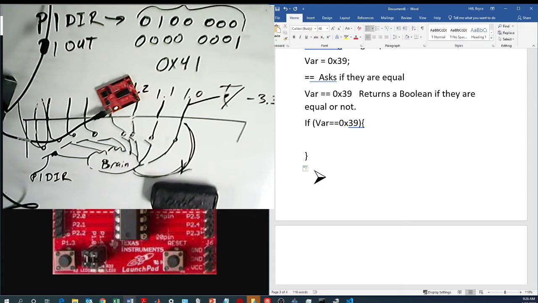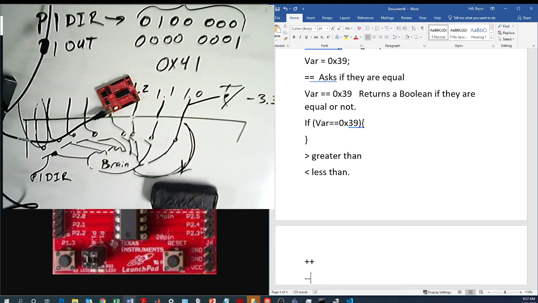Let me see. There's greater than. Less than. And then C has some other fun ones.